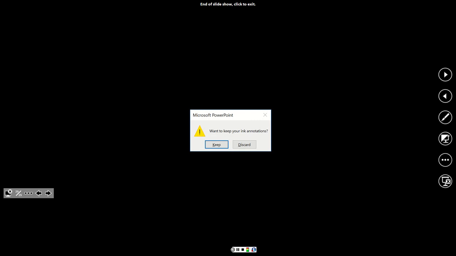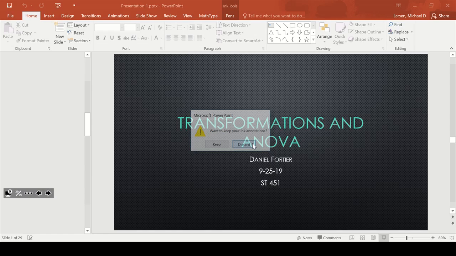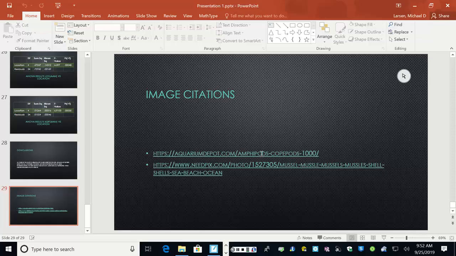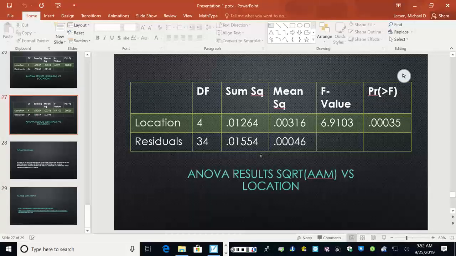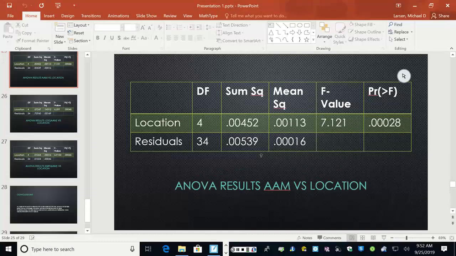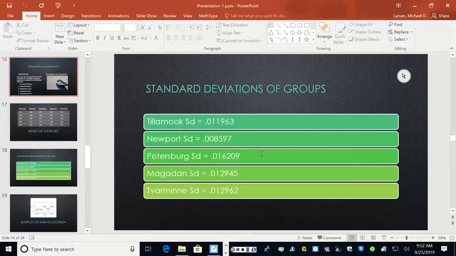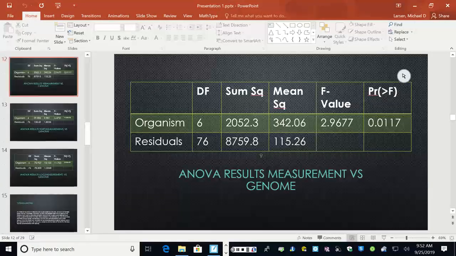Great, thank you. Any questions? So how about the sum of squares changing? Right, the sum of squares changed. It got lower in each case. If we went up to the genome one, the sum of squares was well over 2,000.